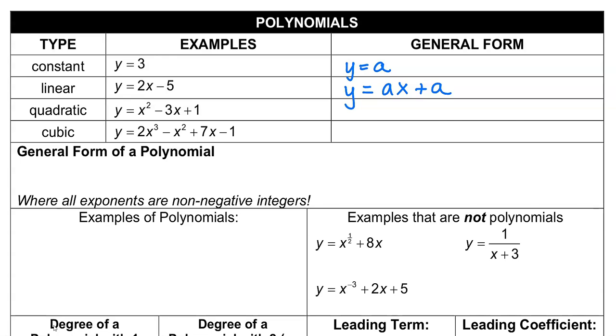But the problem is if I just leave it as a, that means that if a is 2, then it would be 2x plus 2, right? Or if a is negative 10, then it would be negative 10x plus negative 10, right? Because the a says that it has to be the same.